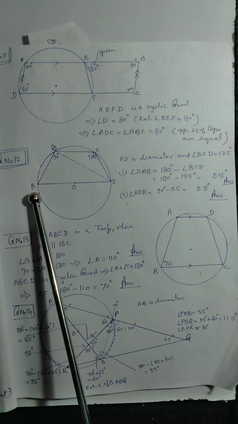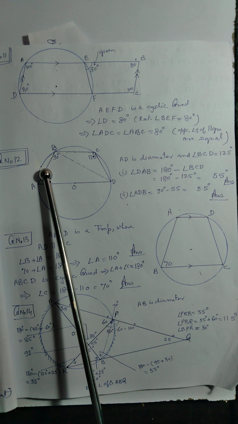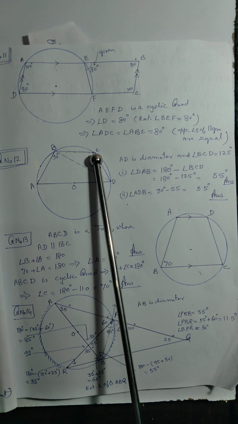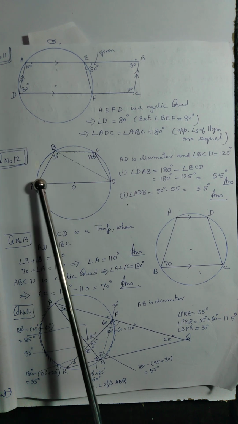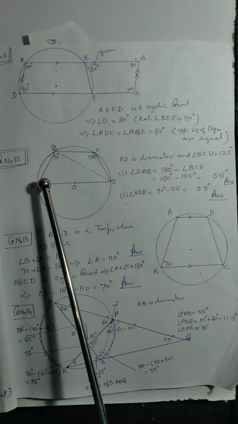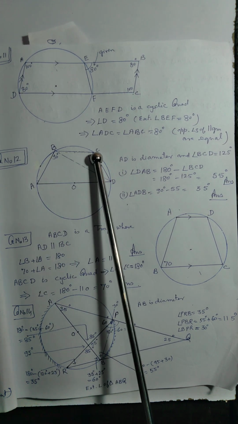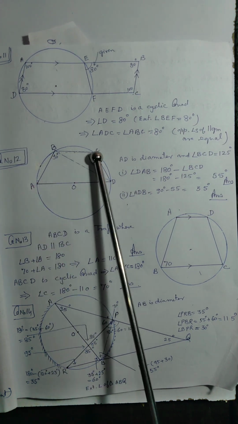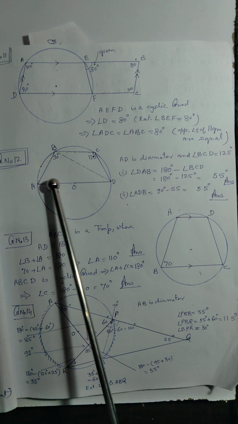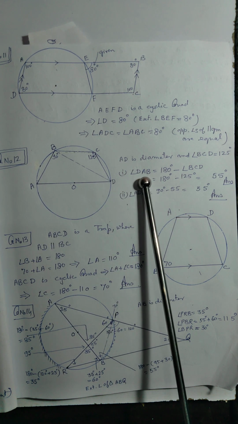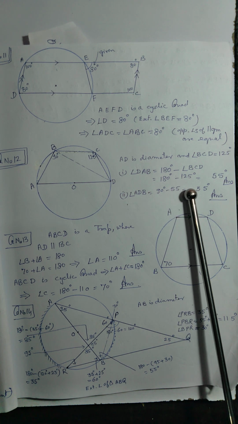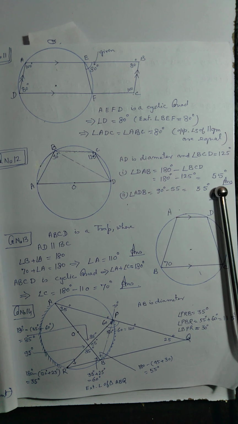You see, DAB, it is the opposite angle to this cyclic quadrilateral angle. Means opposite angle should be equal to 180. Sum of the opposite angles of a cyclic quadrilateral is 180. So A plus C should be equal to 180 degree. So that is why DAB is equal to 180 minus 125, that is 55 degree.